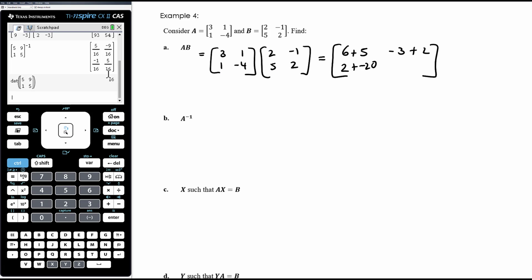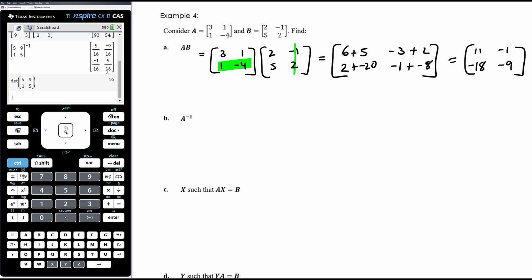And then the final combination, we're going to have bottom times right, and we get 1 times negative 1, which is negative 1, plus negative 4 times positive 2, which is negative 8. And then that gives us 11, negative 1, negative 18, and negative 9.